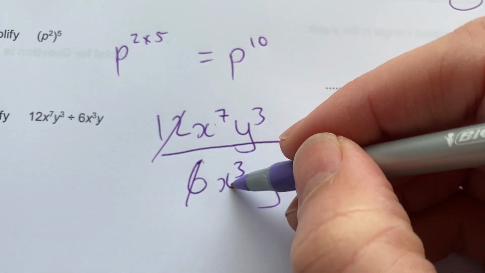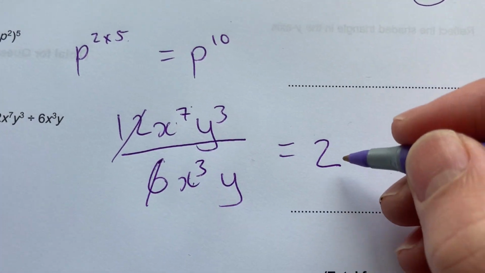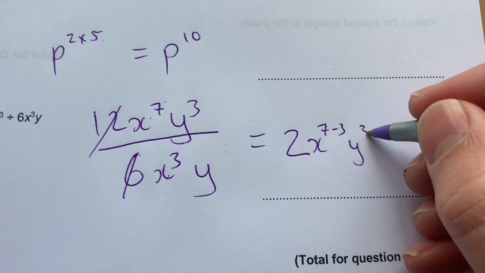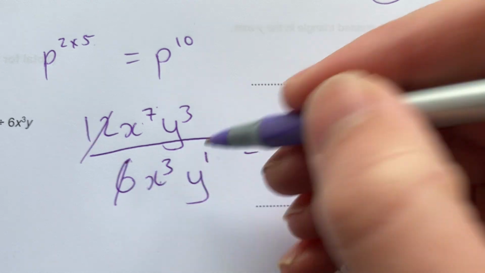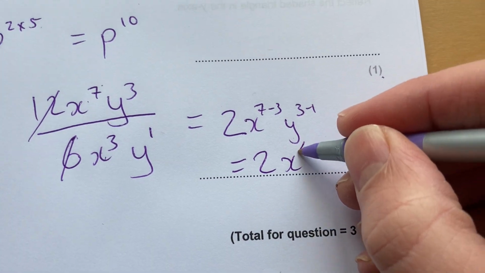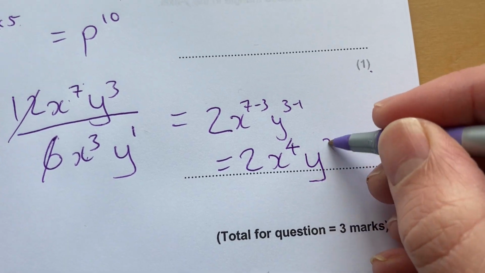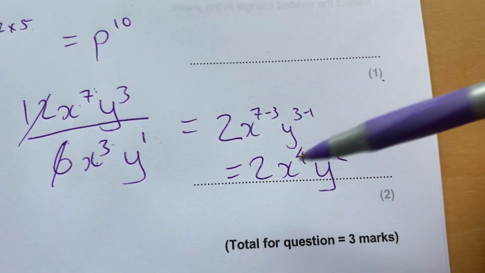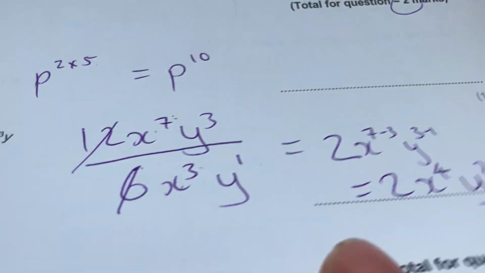When you divide the bases, you subtract the powers. So it's x to the 7 minus 3, y to the 3, and there's an invisible 1 there. So I'll simplify that, x to the 4 y squared. Okay, 7 minus 3 is 4, 3 minus 1 is 2.